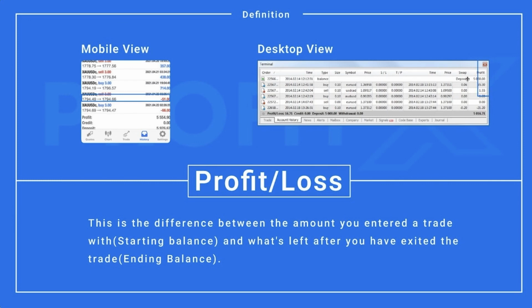At the start, the balance was 5K, but over these trades, the balance became 5,016. So the profit and loss here is $16.71. That's the profit. P&L can be calculated for the day, the week, the month, the quarter, or the year. That's how much you made or lost for a given time period.